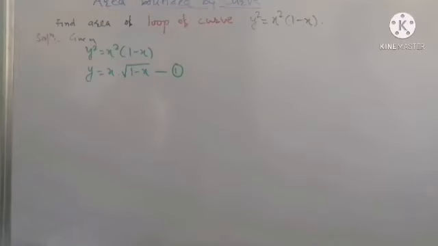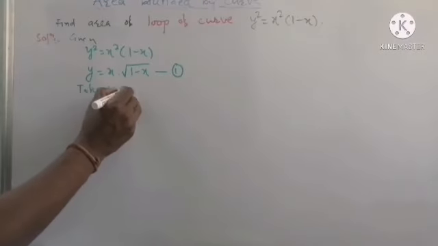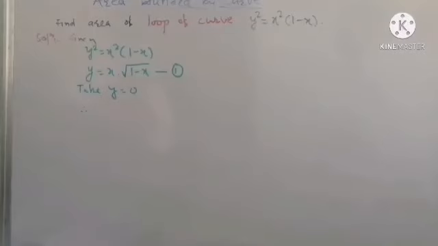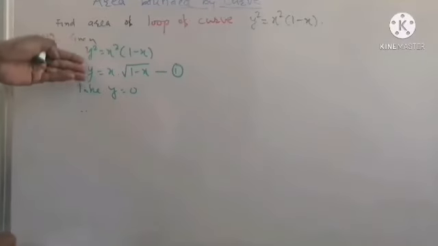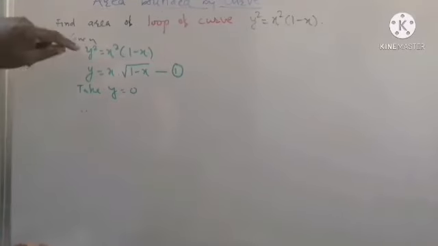Here the limits of the area are not defined, so for that we take y as 0. We can put y as 0 in either equation, and both give the same value, but we use the given equation, as it is free of radical signs.